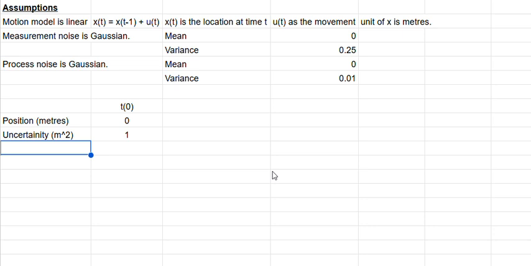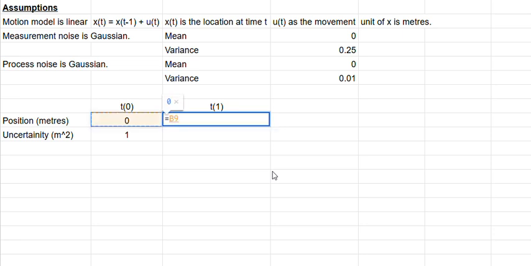Now what we need to do is know the values at time t1. Let the wheel encoder say that it has moved 1 meter. So I take 0 and it has moved 1 meter, so I'm just going to add 1 to it.